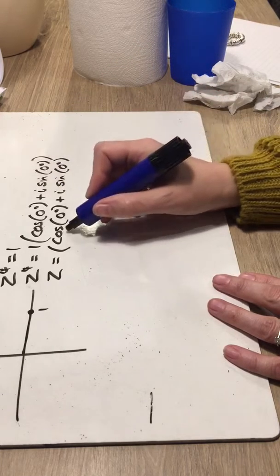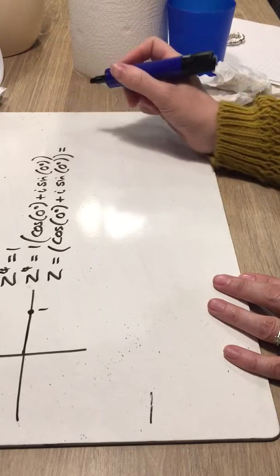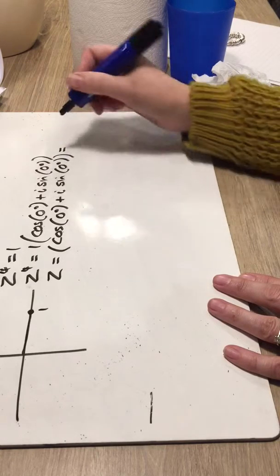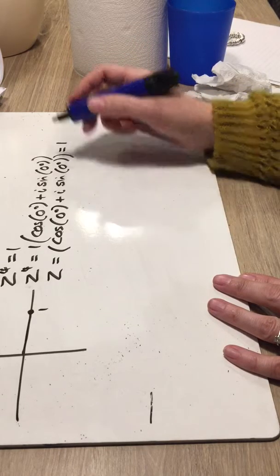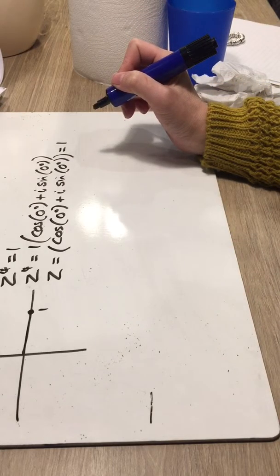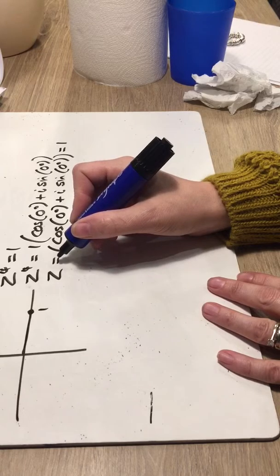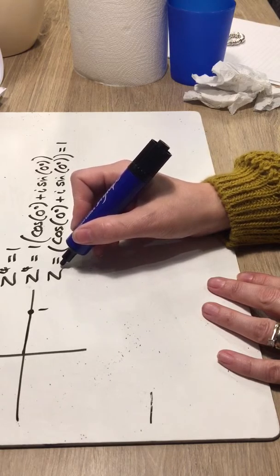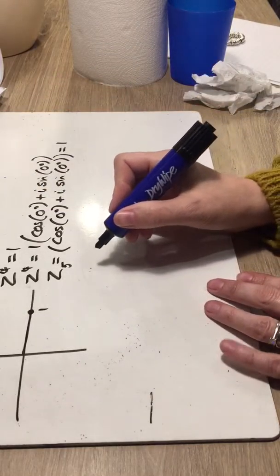If we work out what cos 0 and sin 0 is, we can change that into Cartesian form. So we know that cos 0 is 1, and we know that sin 0 is 0, so z equals 1 is your first solution. So we'll call that z5, so that it's different from our previous roots.